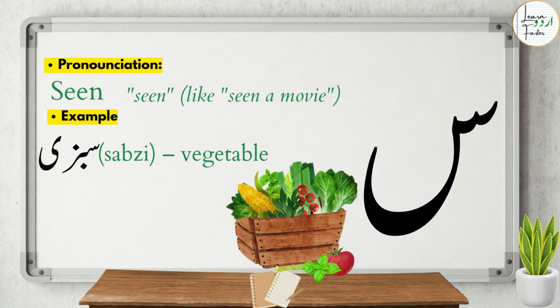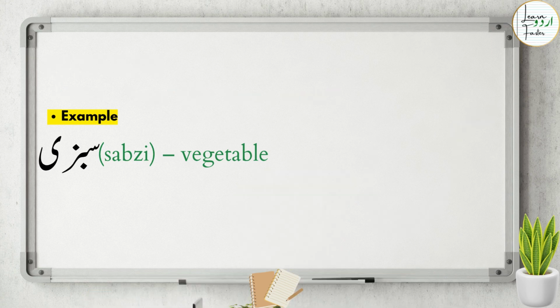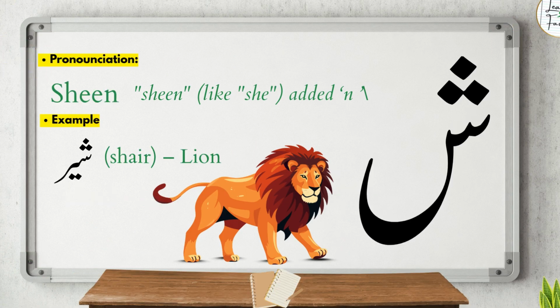Next is Seen. It sounds like seen, as in a movie scene. The word example is sabzi, vegetable in English. Well, that's a reminder for you too that you should eat healthy vegetables. The next alphabet is Sheen.